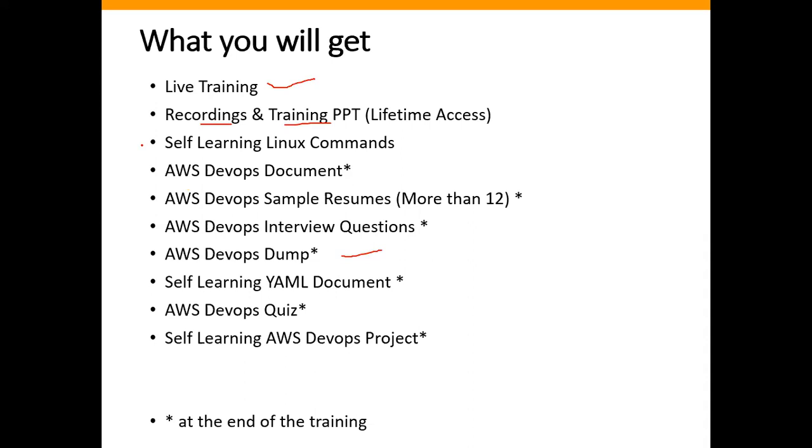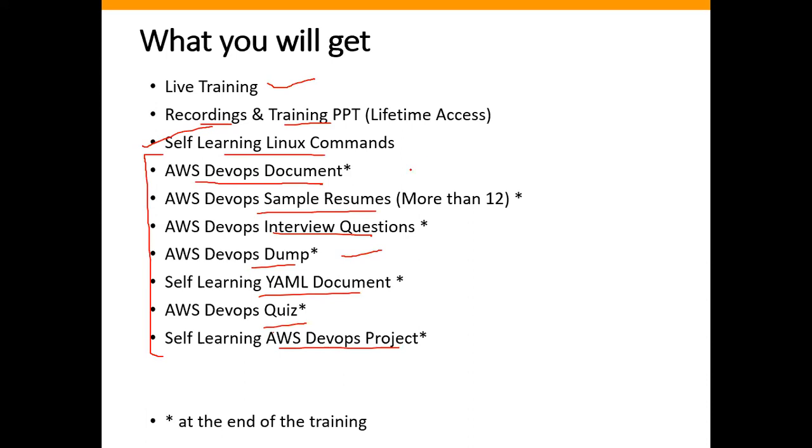When we complete the Linux commands topic, I'm going to share some Linux commands also, which you can learn by yourself. At the end of the training, you will get the AWS DevOps document, sample resumes, interview question dump, self-learning YAML document, quiz, and self-learning AWS DevOps.